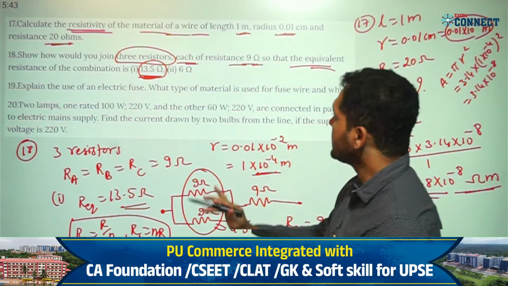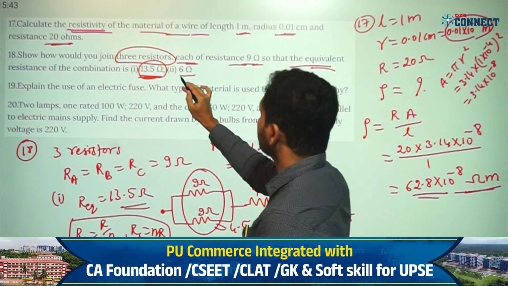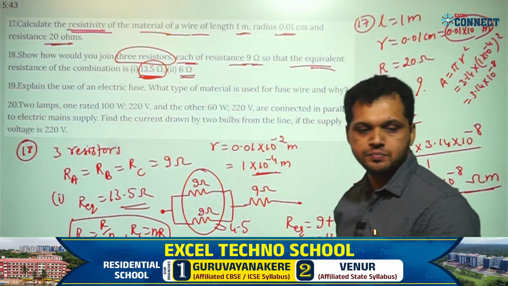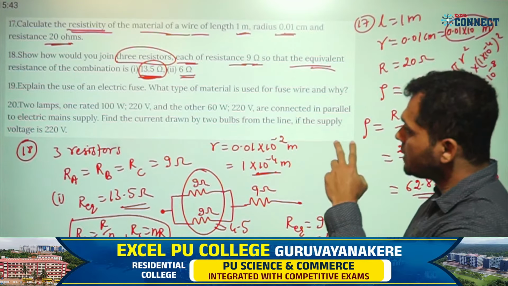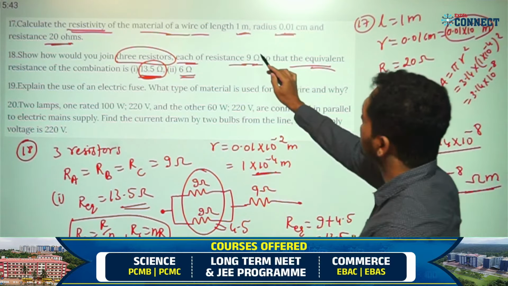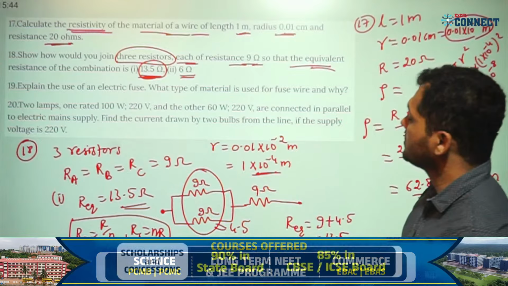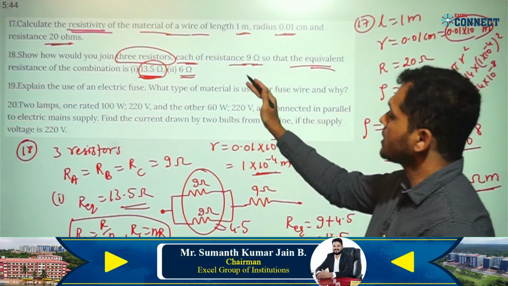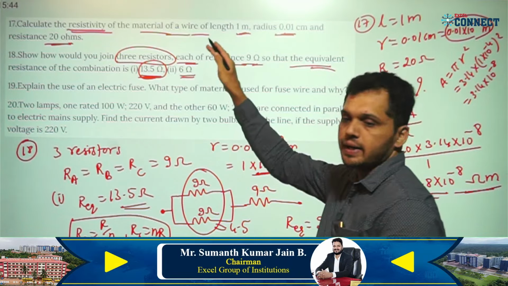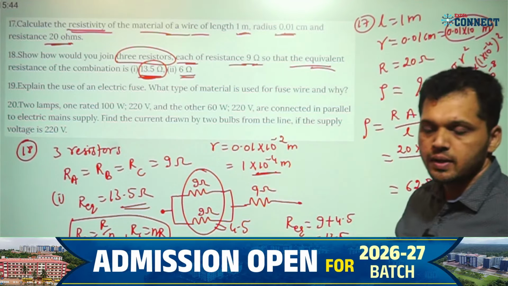Okay. Next, the second question: 6 ohm is given. The equivalent is 6 ohm. We have to use the same three 9 ohm resistors, combining them to get an equivalent of 6 ohm. Please try that.